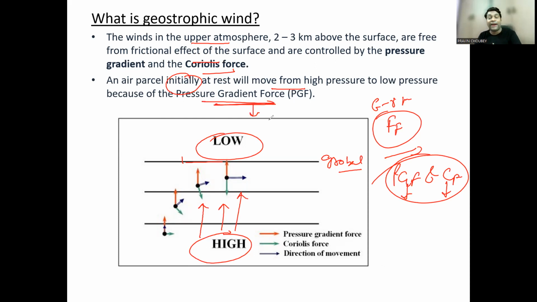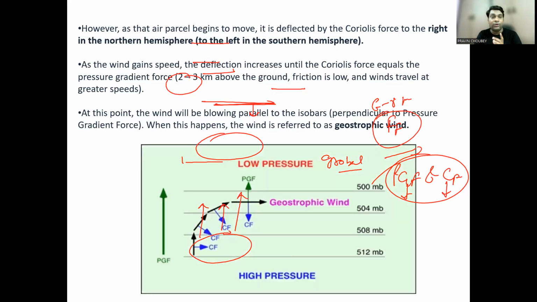This is the initial, triggering factor that causes the initial movement of the wind. Once the wind starts to move, if the pressure is changing at a faster rate, the speed of the wind will be more. If the speed of the wind is more, then because of the Coriolis effect, its deflection will also be more. This diagram is very important to give you an idea.